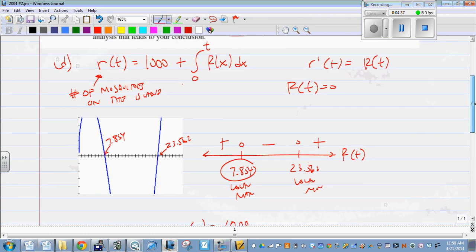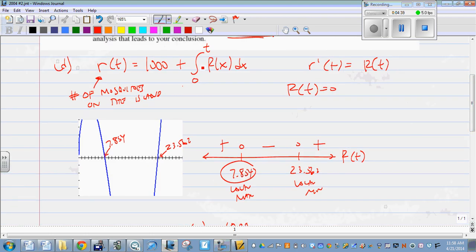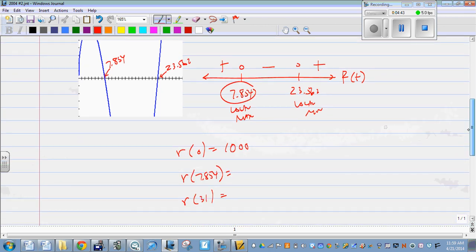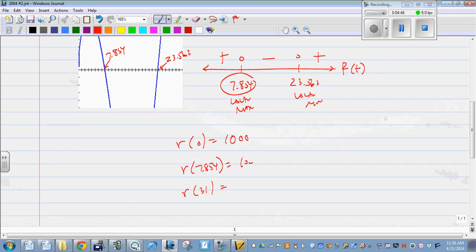If we put 0 in here, 0 to 0 gives us 0, so it's just 1,000. For r of 7.854, it's 1,000 plus the definite integral from 0 to 7.854 of r of x dx. And r of 31, we figured out in part C; that should be 964. So that's not going to be our absolute max. It's either the original amount or what we get here at our local maximum.